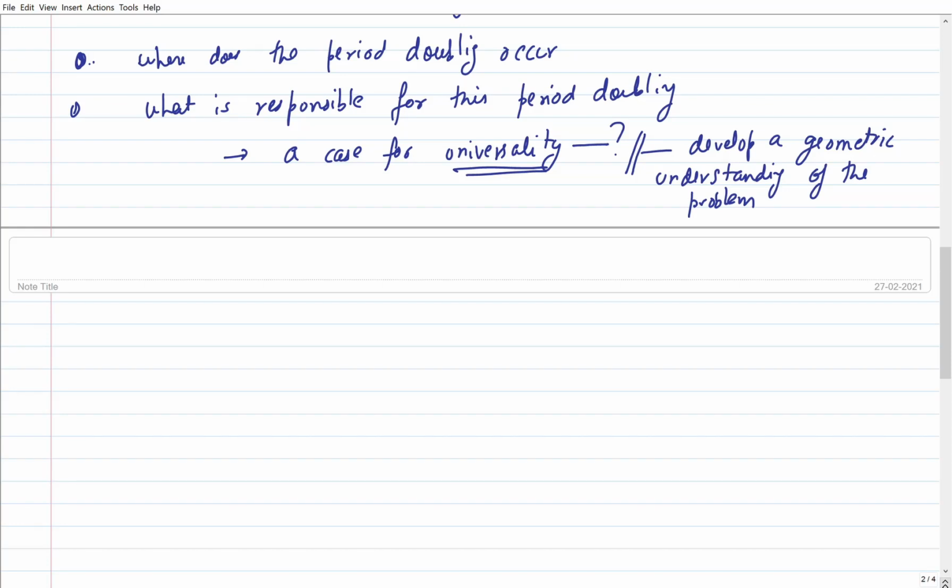And of course, we saw that R_n, let's denote that by the value of r where the 2 to the power of nth cycle occurs. And remember, we saw R1, R2. R1 was 3, where the period 2 cycle occurs.